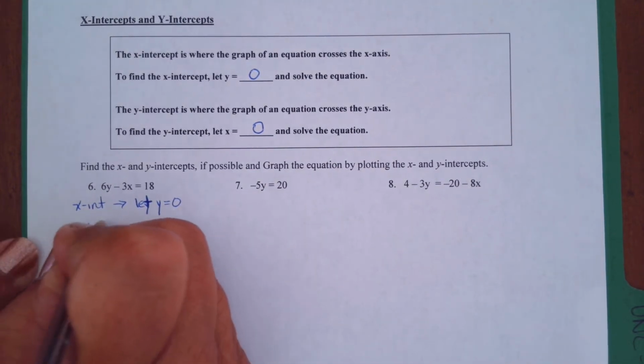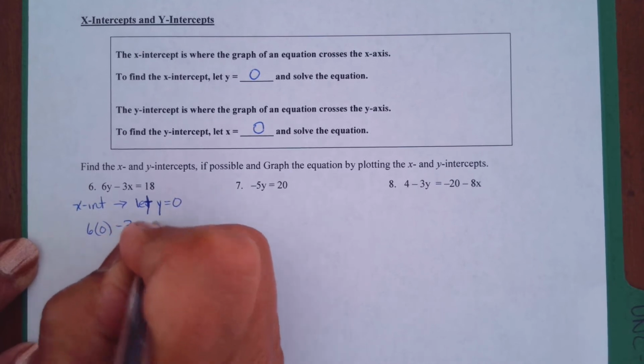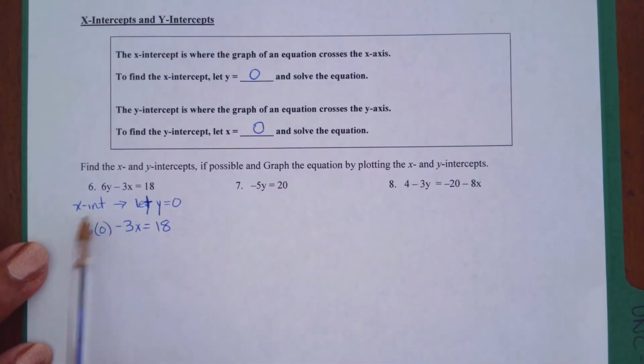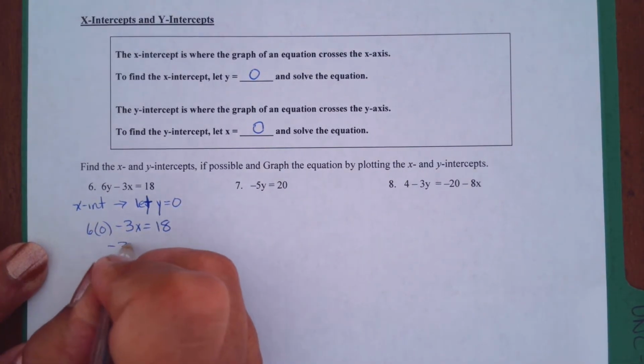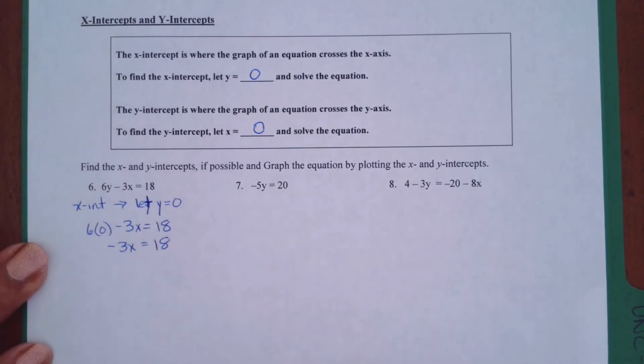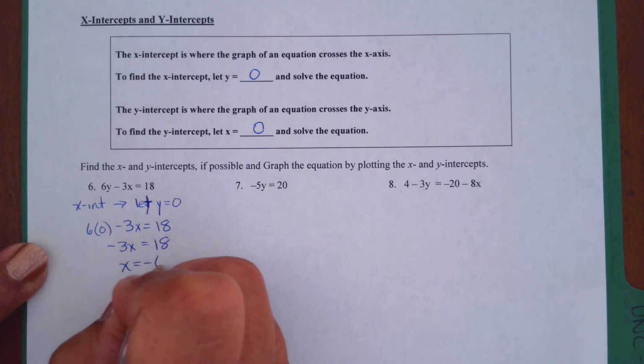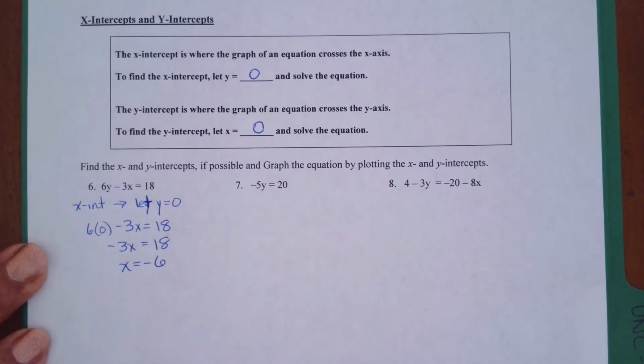So 6 times 0 minus 3x equals 18. Anytime you're letting the y value be 0, 6 times 0 is 0, so that term's always going to go away. We end up with negative 3x equals 18. Divide both sides by negative 3, so you get x equals negative 6.